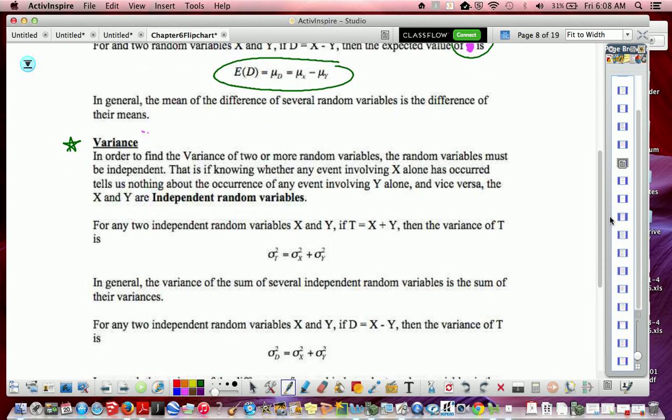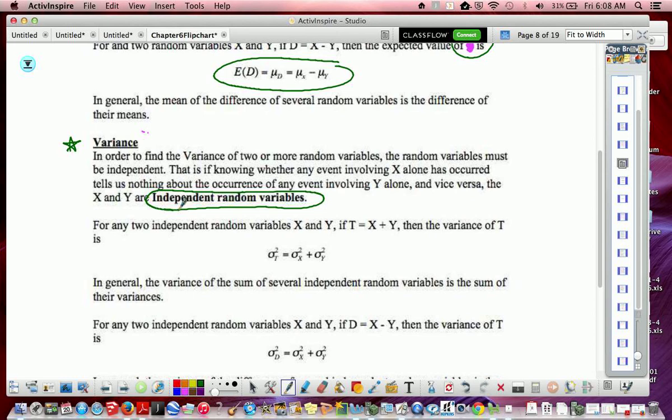Not only that, but you need to verify that the two random variables are independent. Because if one random variable has an impact on or influences the other, then you really can't combine the distributions, since the standard deviation or variance of one is being influenced by the other.